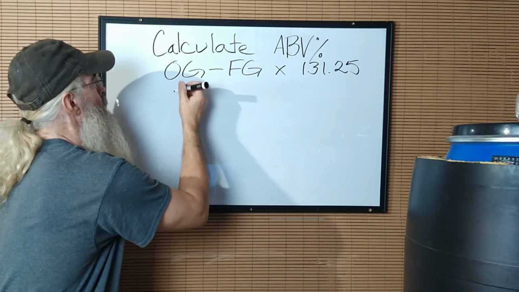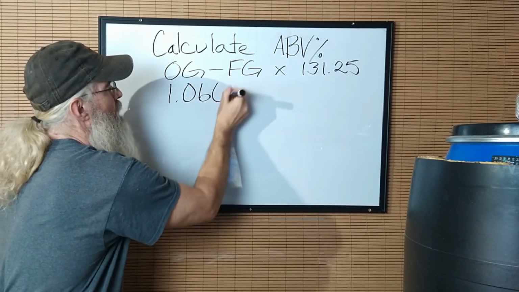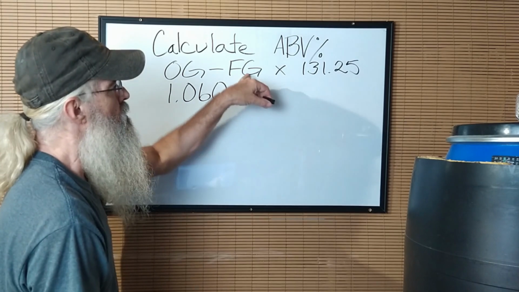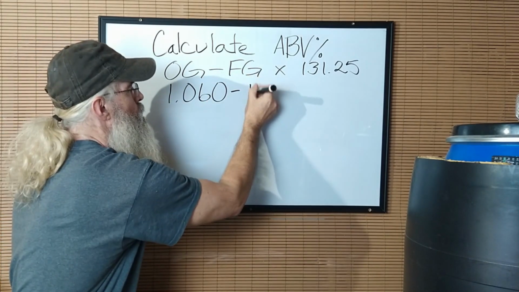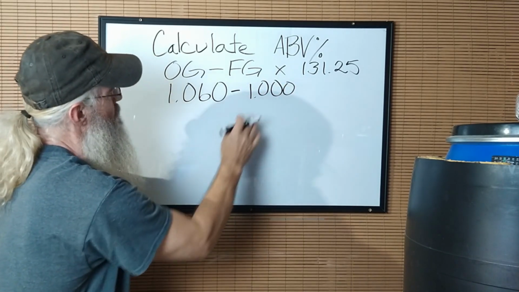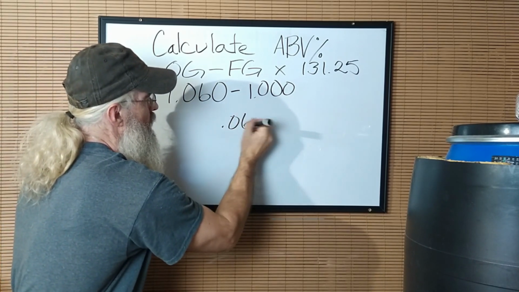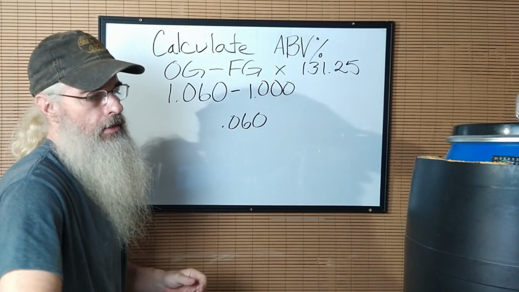And we're just going to make up a number. We're going to say our original gravity is 1.060, and this is your final gravity. And we're going to finish this one all the way out to 1. We'll do the math. 1.060 minus 1 is 0.060. And we'll multiply that.